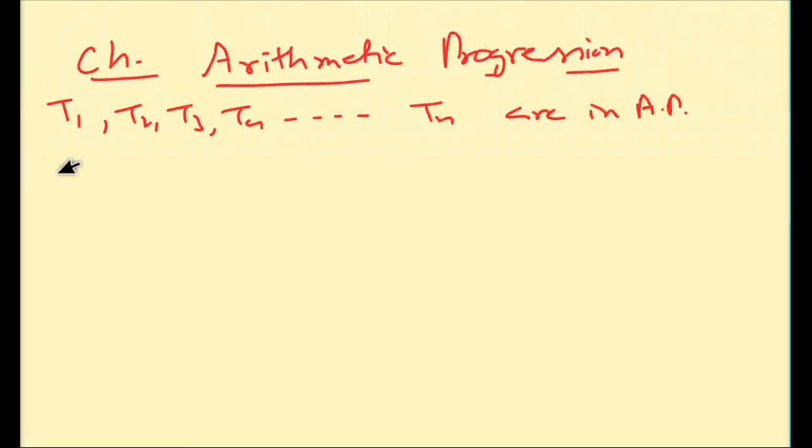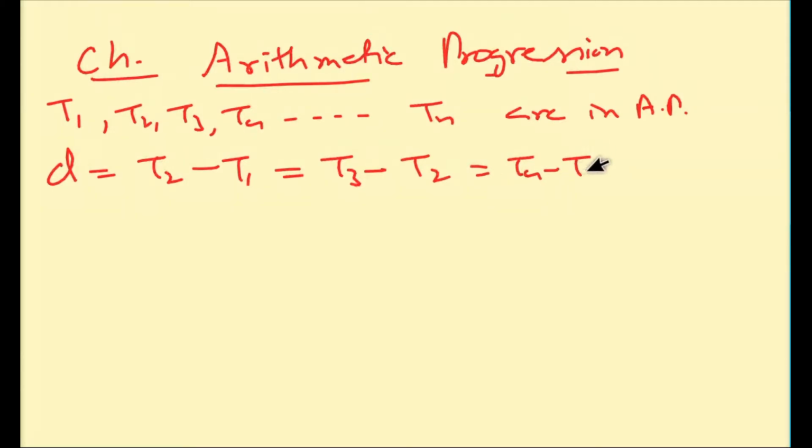The relation is that the difference between the next term and the previous term is always constant: T2 minus T1, T3 minus T2, T4 minus T3 and so on. If this difference is constant, then the terms are in AP. This difference is known as the common difference, and the next term is related to the previous term by a particular rule.